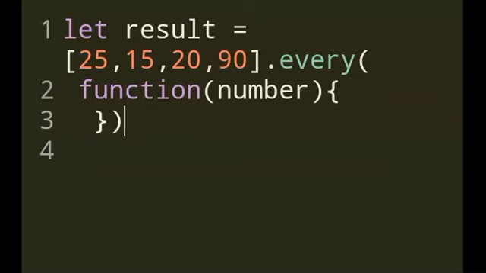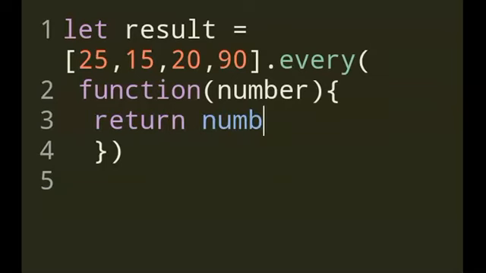Sorry, I made a mistake, I just deleted this. Return number. So I want to return a number which is less than 250, right? Now let's console log it. Let's print out the result.